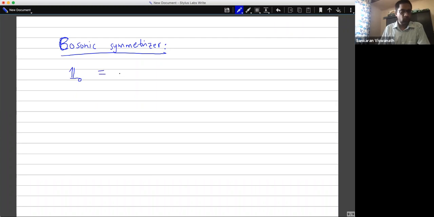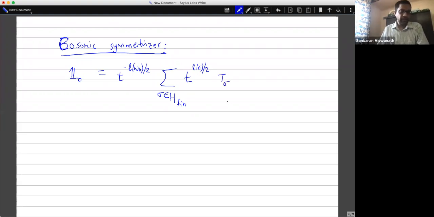Let's call it 1 naught, which is some power of t outside, for normalization, times the sum over sigma of t to the length of sigma by 2 times T sigma.